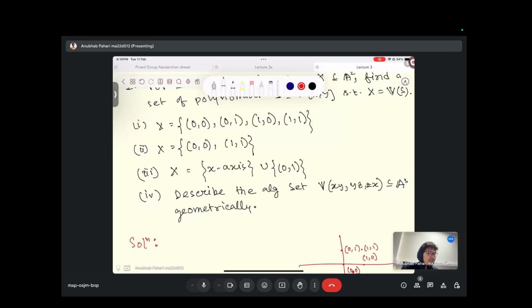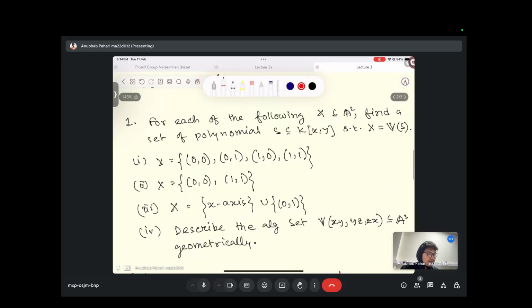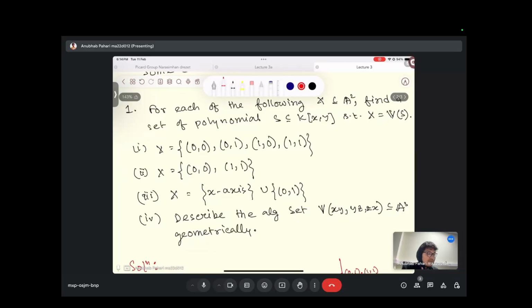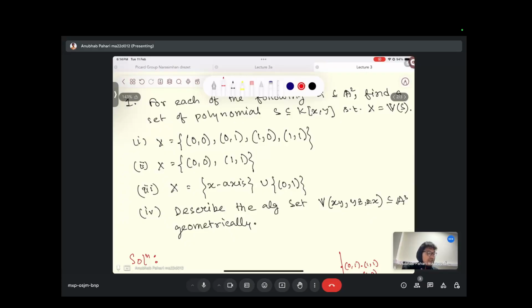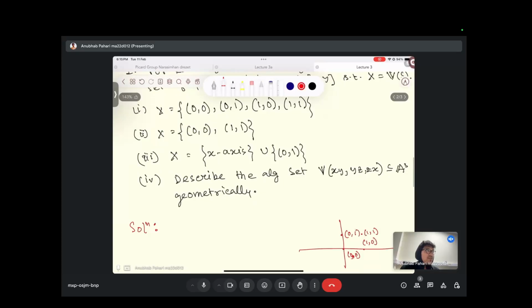The set of polynomials may have more than one polynomial, because a polynomial in two variables usually has infinitely many solutions. If you take two irreducible polynomials, they can meet at finitely many points unless they are parallel or identical.